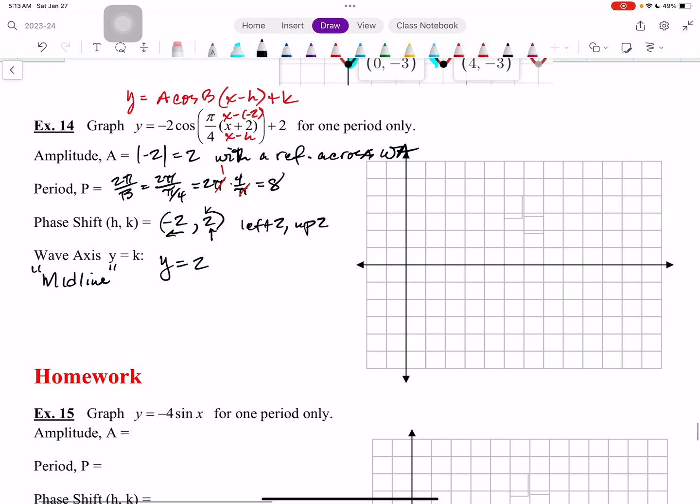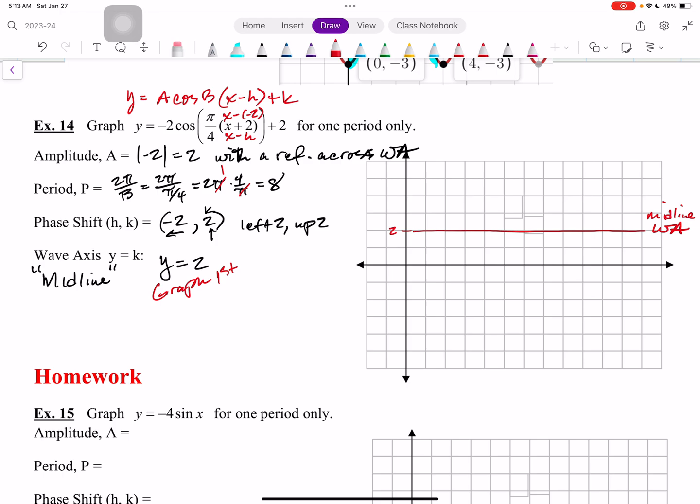So let's set up the axes here. You have to label first. We have an amplitude of 2 and a wave axis of 2. I would graph the wave axis first because we have a shift. So at 2, we have the wave axis, the midline.